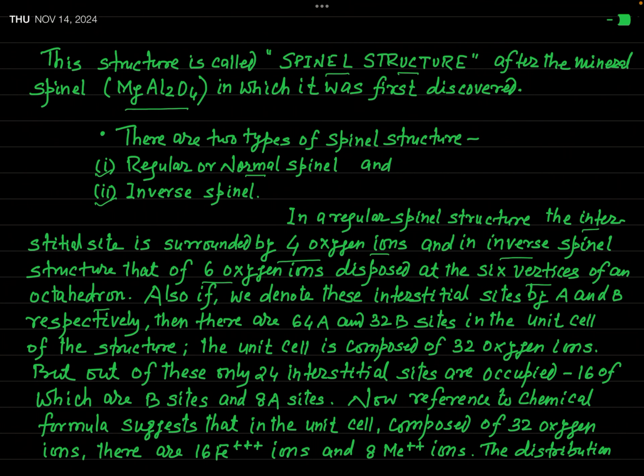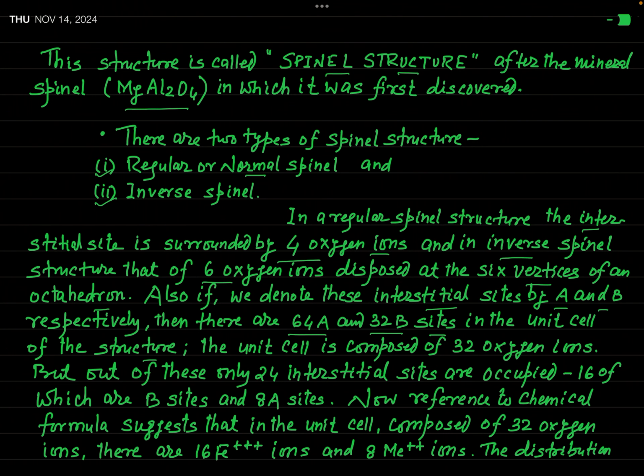Also, if we denote these interstitial sites by A and B, where the normal spinel interstitial site is denoted by A and the other by B, then there are 64 A and 32 B sites in the unit cell of this structure. Remember this.